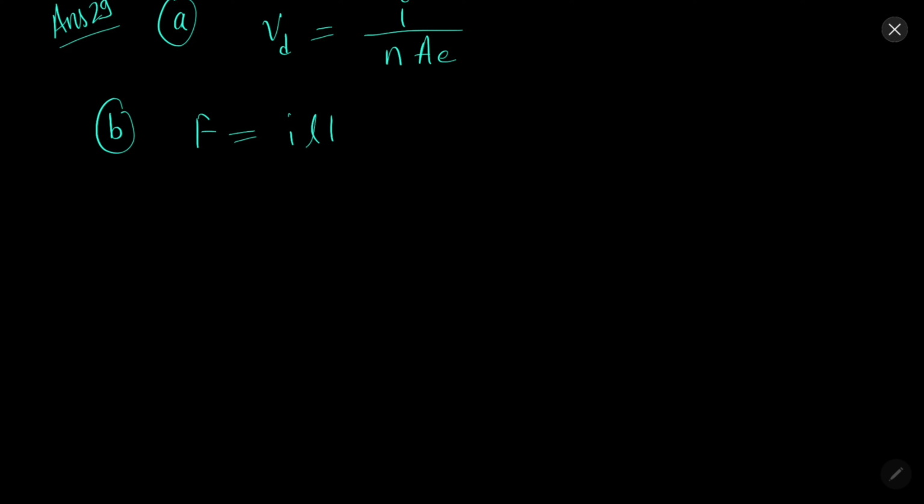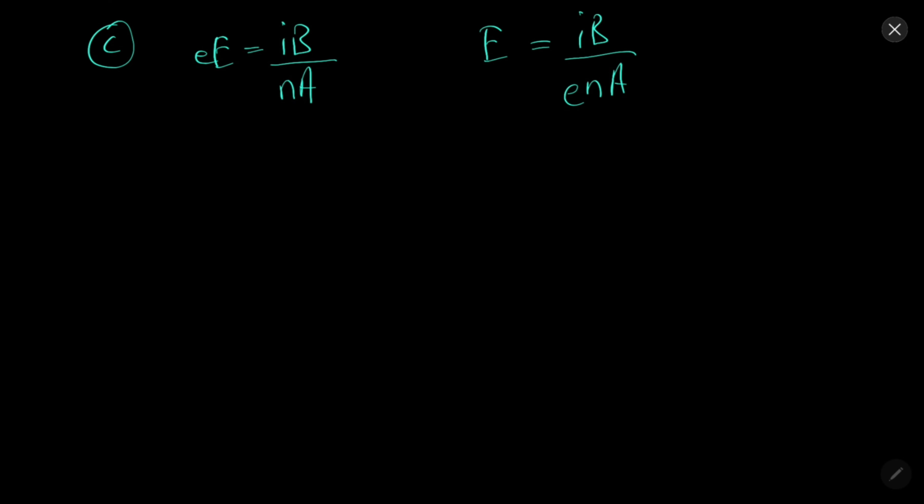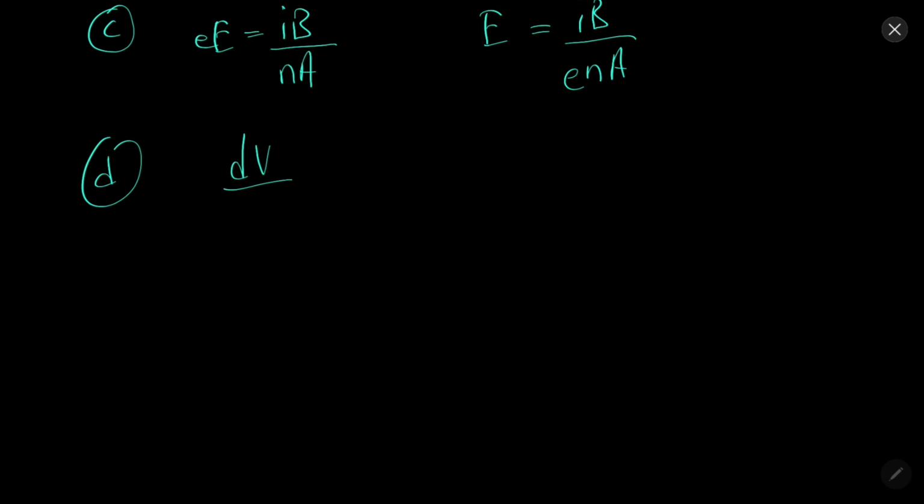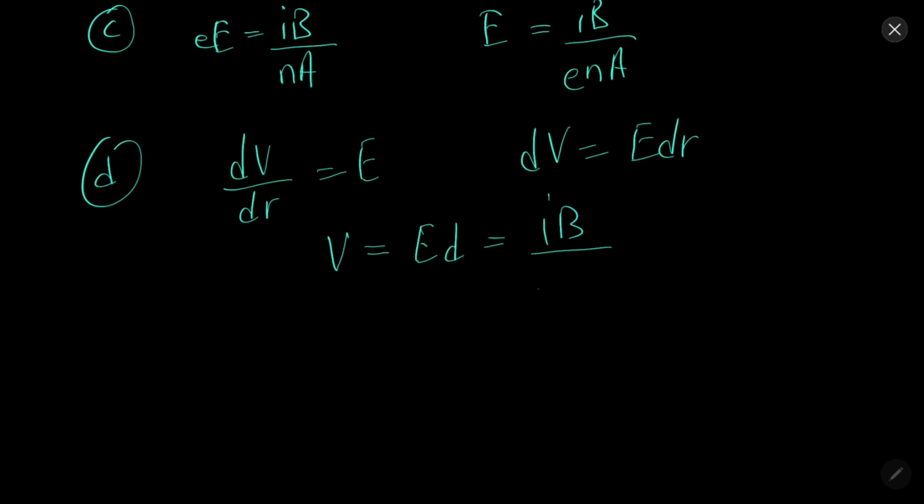Force will be ILB, or IB over nA upward. Electric field E will be IB over e n A. dV by dr is equal to E, so dV will be E dr. So V will be E into d, which will be IB over e n A into d.